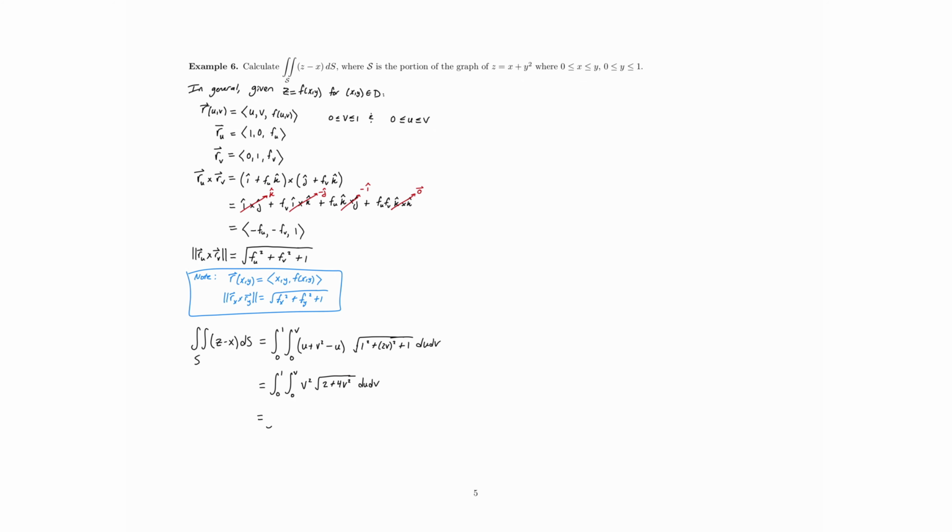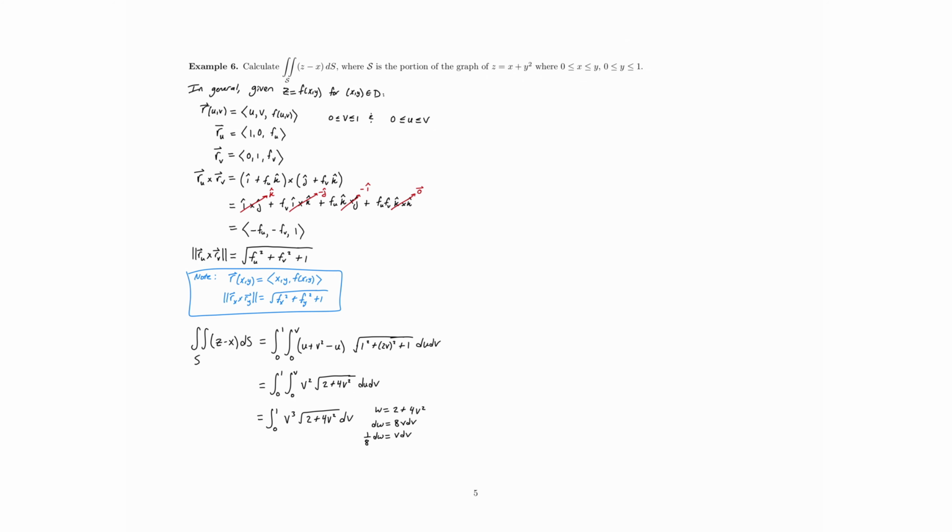So this will become the integral from 0 to 1 of v cubed square root of 2 plus 4v squared dv. We can let w equal 2 plus 4v squared. So then dw is 8v dv. So 1/8 dw is v dv.